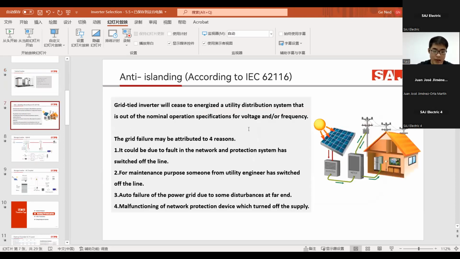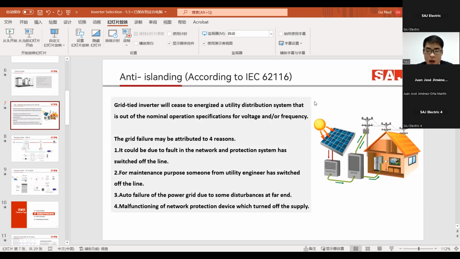On this slide, I would like to share a common misunderstanding most newcomers may have. Do these three inverters still work when there is an outage from the grid? The answer is no, because when the grid has an outage or grid failure, if the inverter keeps energizing the grid, like the overhead line here, and a worker is still doing maintenance or operation on the line, it will cause electrical shock.